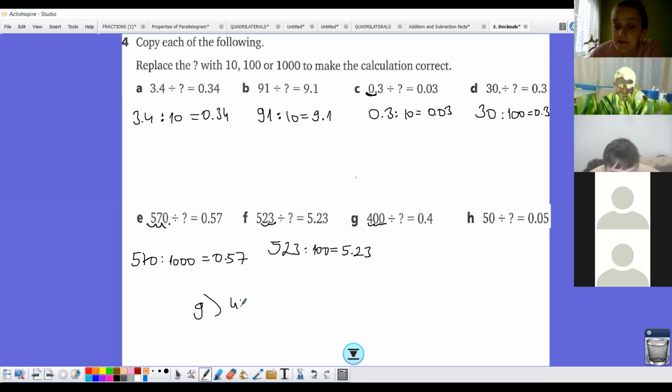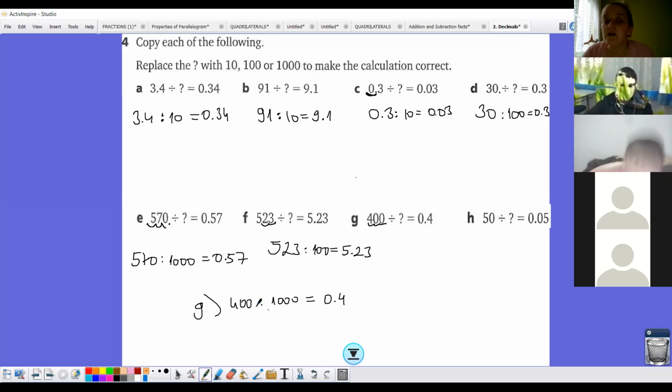Teacher, yesterday you told us that if there's a 0 at the end, it doesn't count. But that's if you have a decimal point, I said. Remember, if you have a decimal point, the zeros don't count, but if you have a normal number, of course, they count.